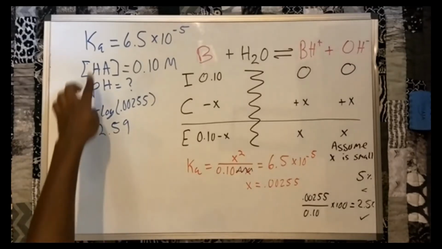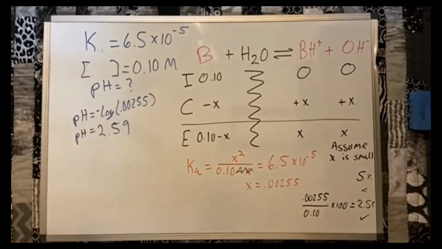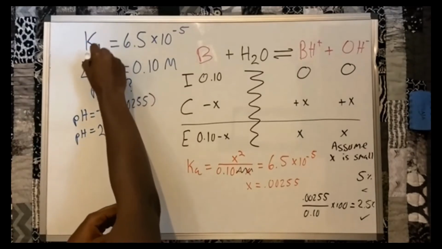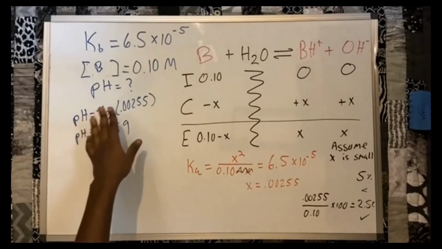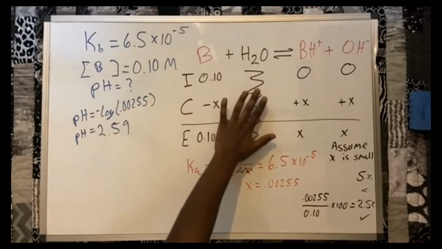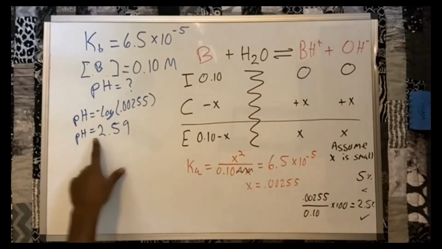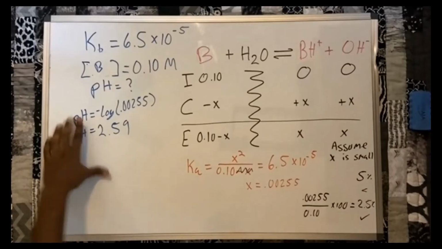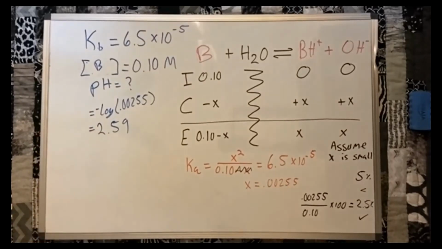Assuming, let's change the problem a little bit. It's Kb, right? So right now we're in the same problem with respect to the base. This didn't change, so do the same thing. When we get here, you do negative log of the x value.